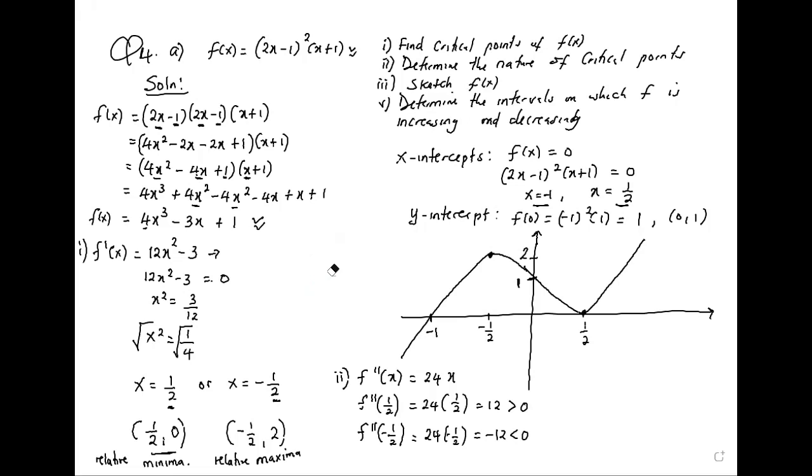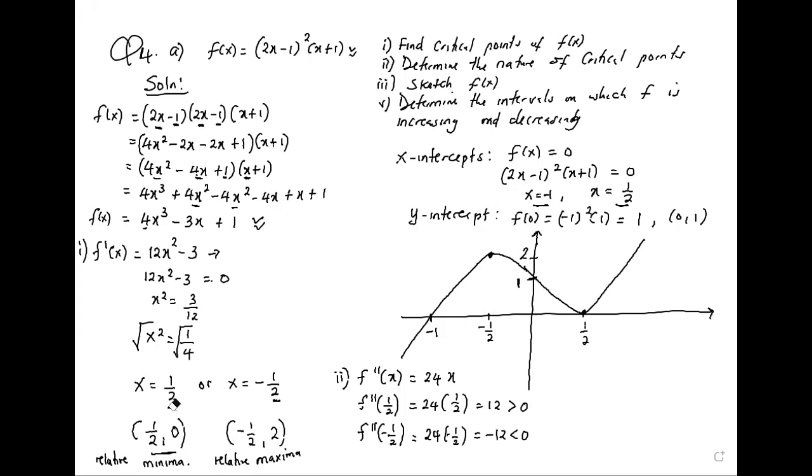Because we have half comma 0 as the turning point, the curve will turn there. How are you finding the turning point? You differentiate the first derivative and equate it to 0.